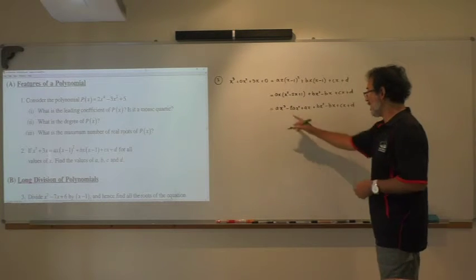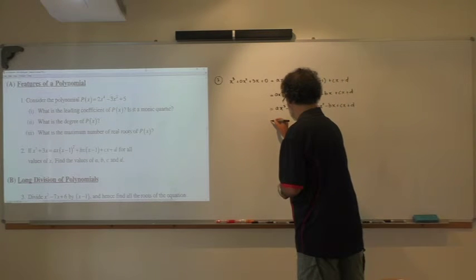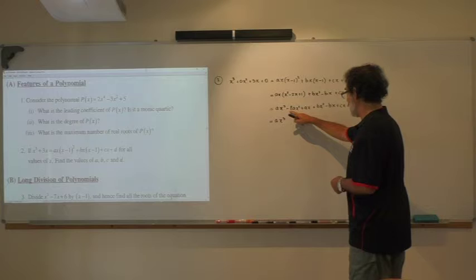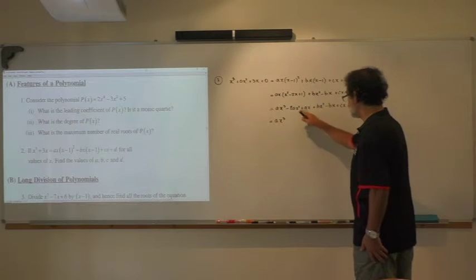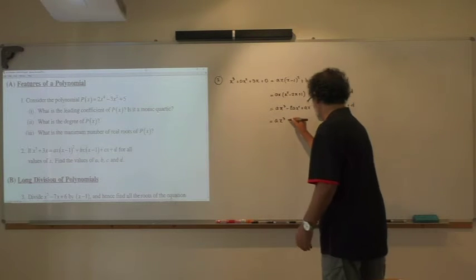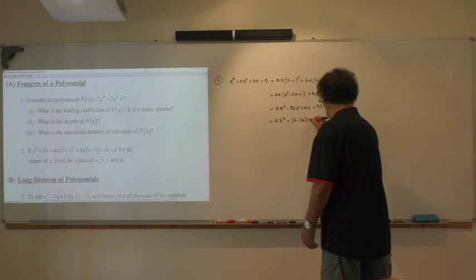Okay, at this point we are going to collect like terms. We can see that we have only 1x cubed, so we don't have any other term with x cubed, and we're going to just write it down. But then we can see that we have x squared here and we have x squared here. So that means that x squared is a factor of b minus 2a. So we're going to say b minus 2a, x squared.